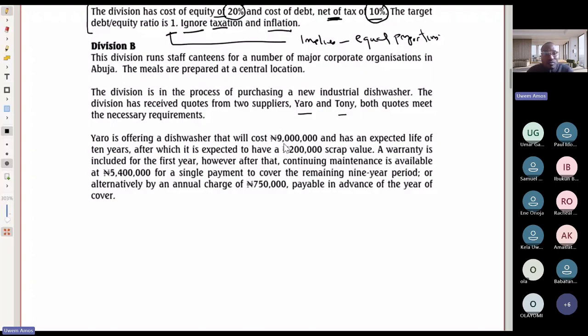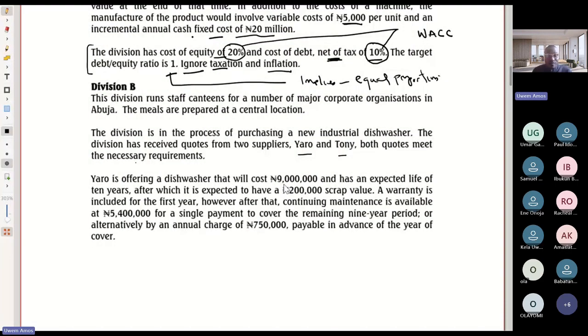I'm reading from here, which is the division B part. It says the division runs staff canteens for a number of major corporate organizations in Abuja. The meals are prepared at a central location. The division is in the process of purchasing a new industrial dishwasher. So that's the decision. They're looking at the new industrial dishwasher.